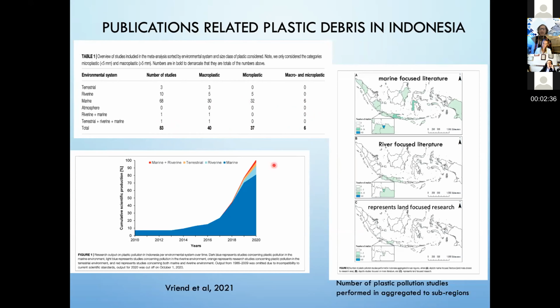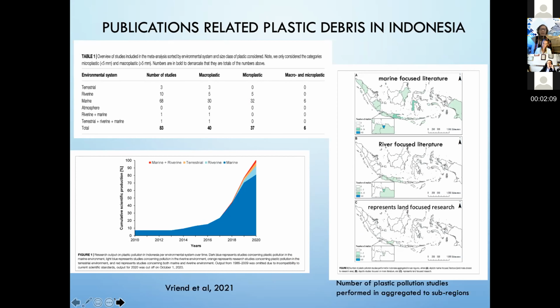And if we focus on the plastic study by region, you can see here that marine focus we can find anywhere in the area, but river focus we have only maybe in Java Island, and land focus is also in Java Island.